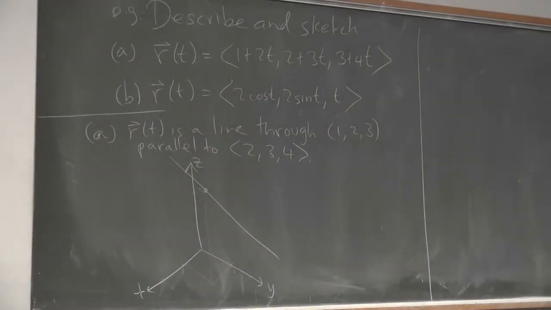So if this was the plane, that's your x-axis, this is the y-axis, this is the z-axis, the line is actually shooting out into the room like this. I mean, you can't really see that from the picture, but that's what's happening.